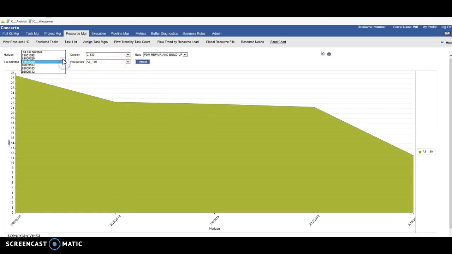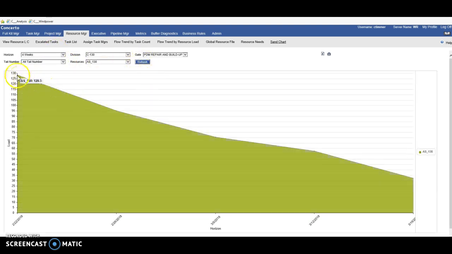So I can also open this up to all tail numbers, all 6 aircraft, and for sheet metal, I need 130 guys. Tomorrow, I need this many. This is only in weeks, so it's not in days. But it's a sand chart, so if you like that type of graphics, that's great. I personally like the resource needs a little bit better.